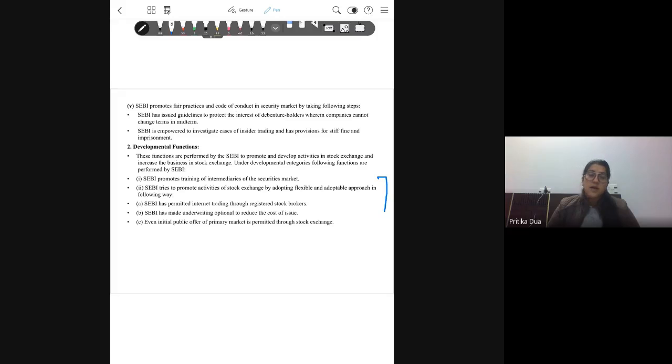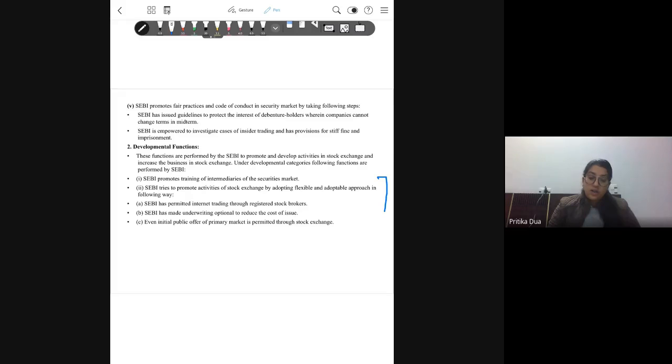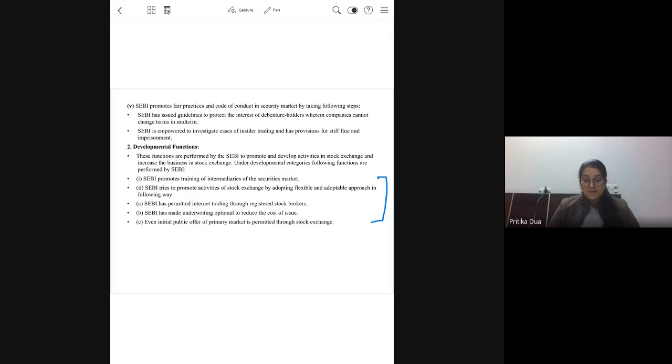All this is part of how development in the trading process has taken place, how technology has been introduced, how there has been an ease in trading over the years. All this development has been made by SEBI.